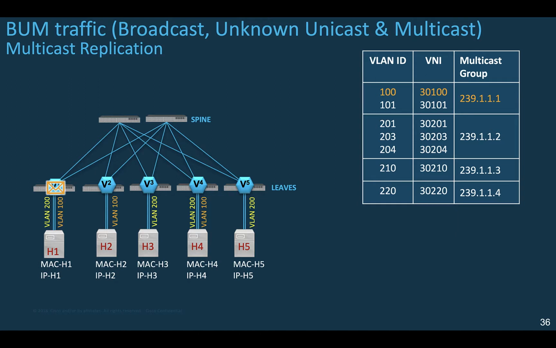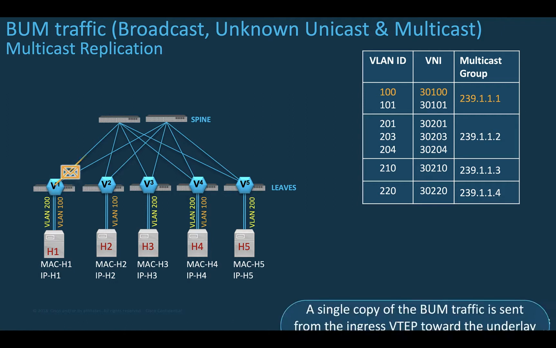VXLAN comes with a particular transport for the BUM traffic. The BUM traffic includes the broadcast packets, the unknown unicast, and the multicast data packets. BUM traffic can use multicast protocols such as ASM or BiDir, and in case of multicast transport, a multicast group can be assigned to a particular bridge domain, or layer 2 VNI if you will, or to a group of bridge domains, for example, all layer 2 VNIs that belong to a particular VRF.